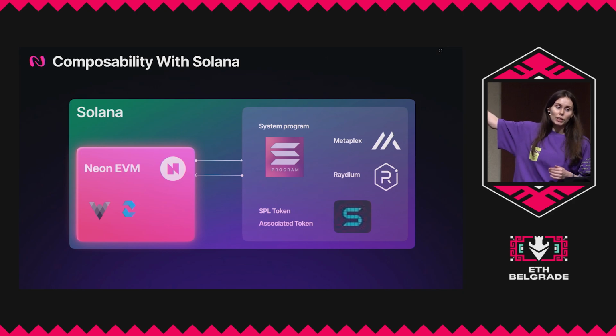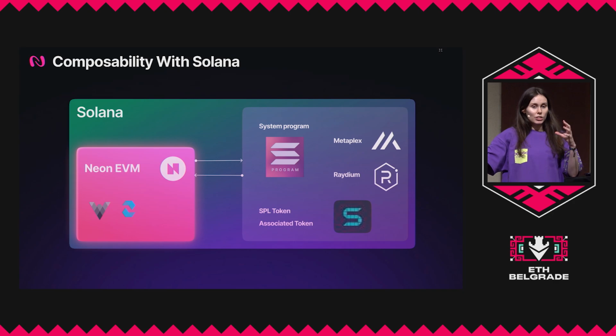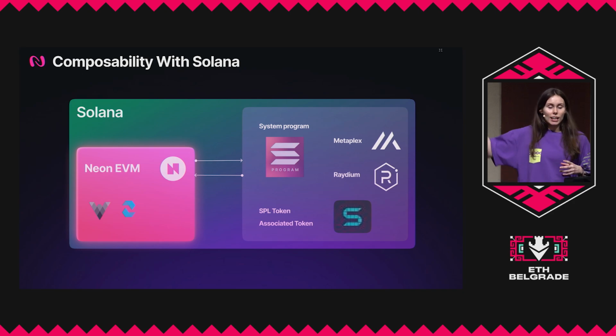So the system program library, the SPL token program library, the associated token library, and also Metaplex and Raydium libraries. And with these composability libraries that you import into your smart contracts that you write in Solidity, you can access all these Solana programs.